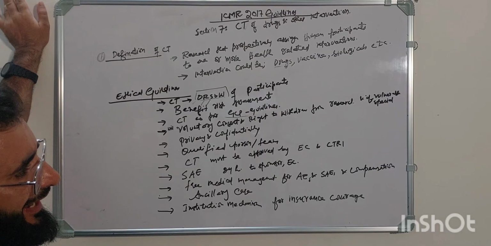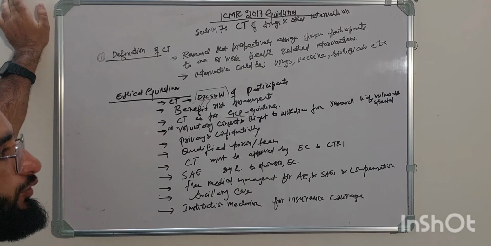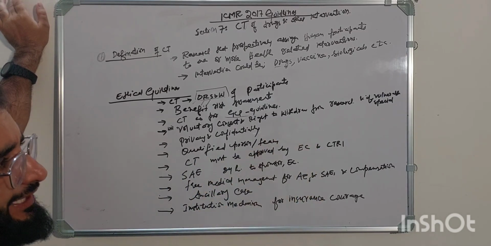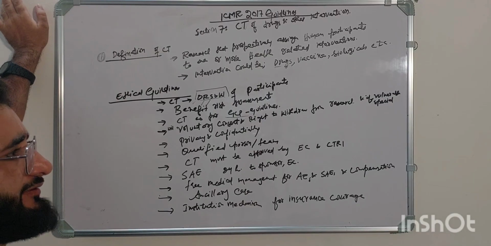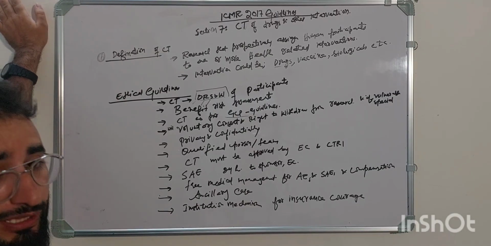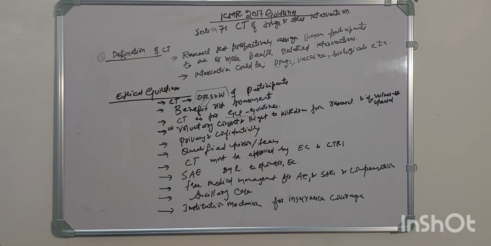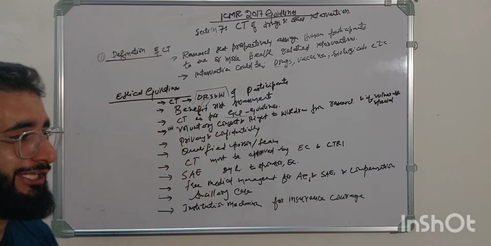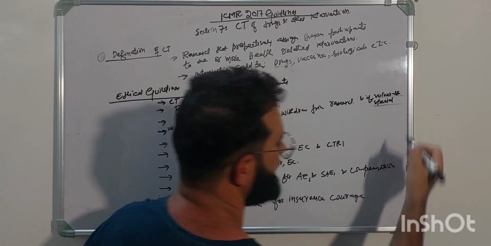The research participants have the right to withdraw from research anytime. If we need to include any kind of vulnerable population, then we need to take special consents.